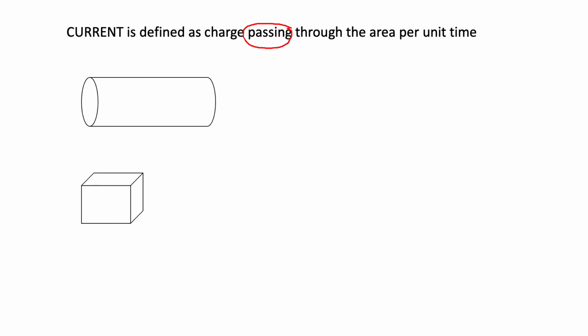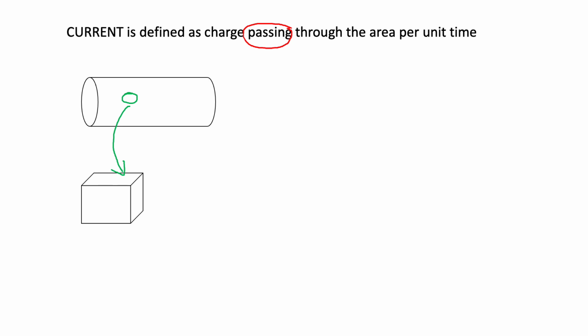Next, current is defined as charge passing through an area per unit time. As you can see, there is the word passing, which means that our sample must move. So let's take back our structure and sample from the previous slide.